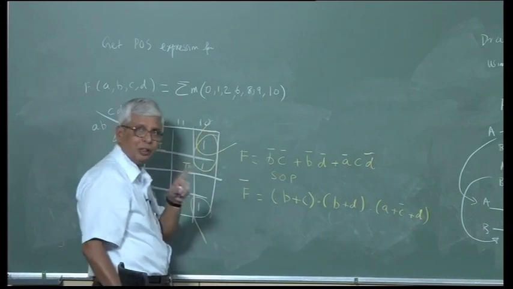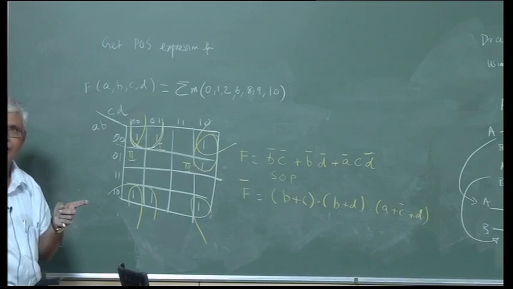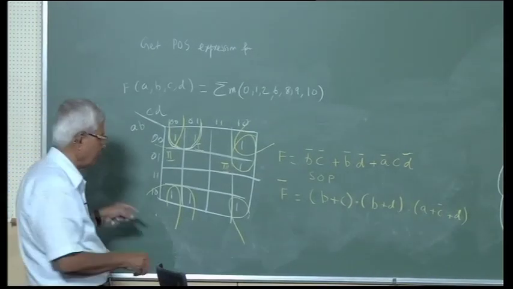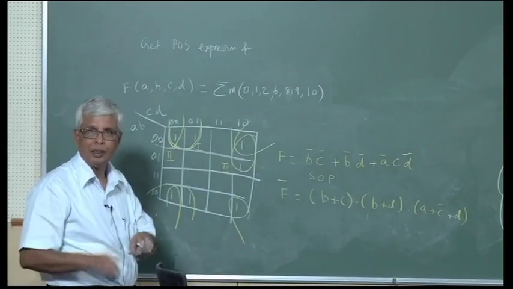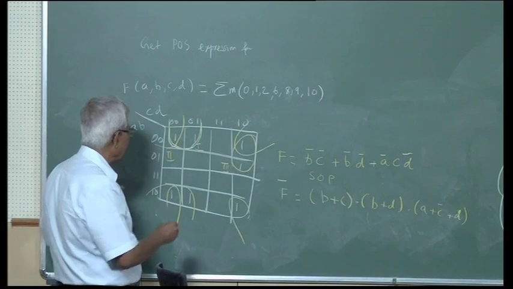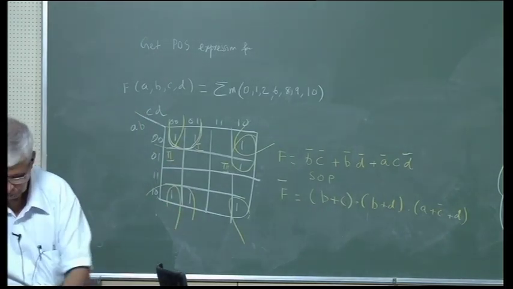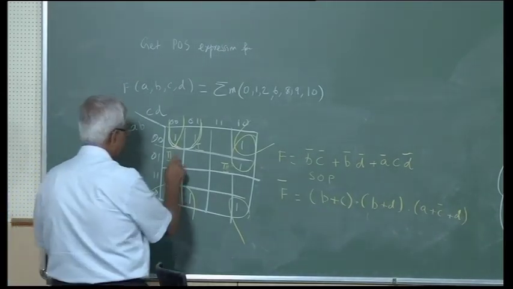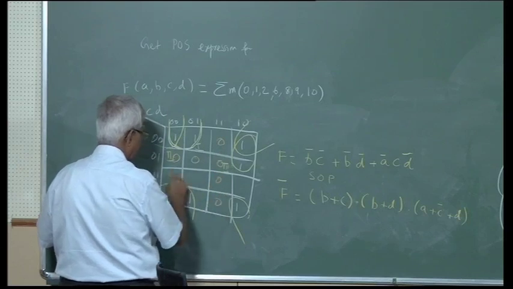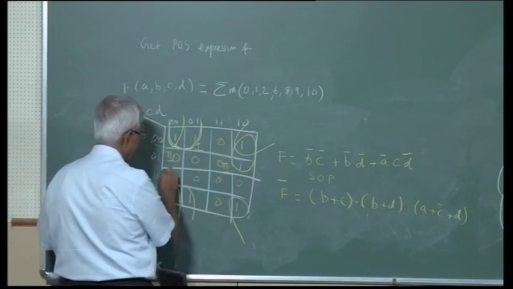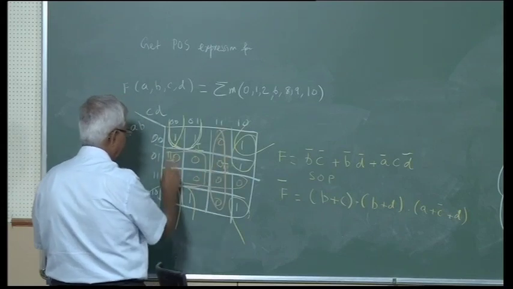If I use ones, if I use zeros, I can directly get F in product of sums form. This is F bar in product of sum form. We will do further simplification, but it may not come in product of sum form. So I need to use this one, this one, this one.